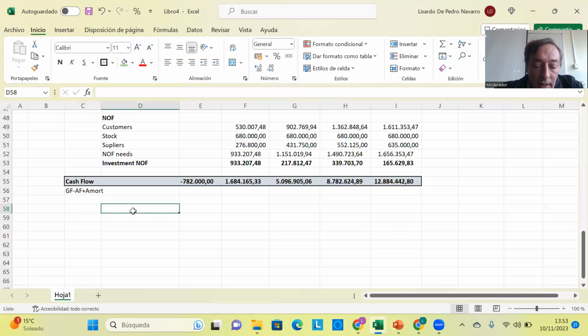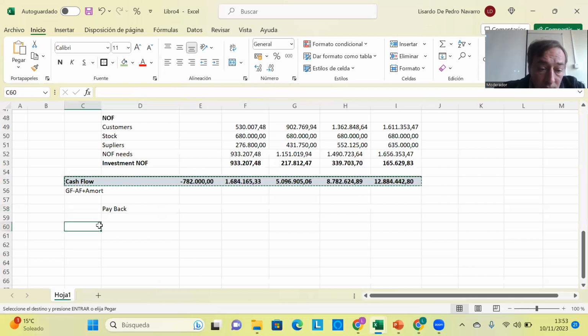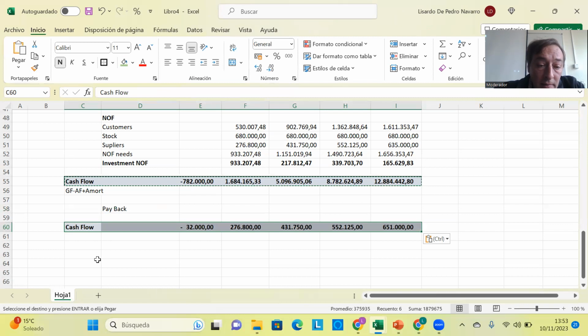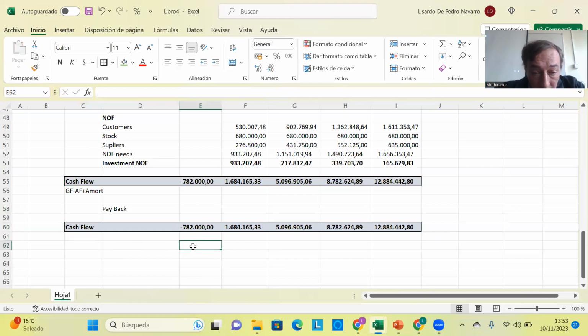So, in order to calculate the payback of the company, we take that one, and we're going to use the value. So here we can see that the first year the project is losing 782,000. But in the first year that the company starts with the project, we earn more than 1 million.